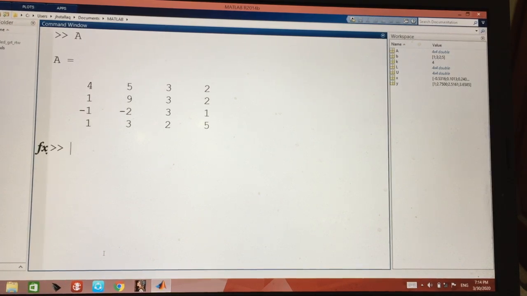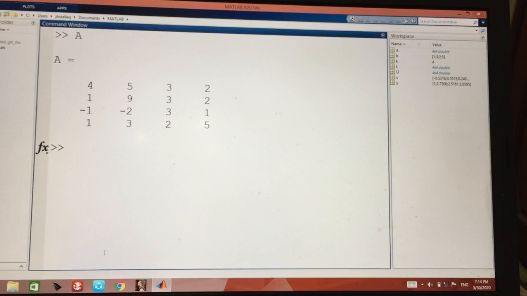We are trying to fill up the lower triangle matrix and also get rid of the lower part of the upper triangle matrix by modifying these things. That's the first step.